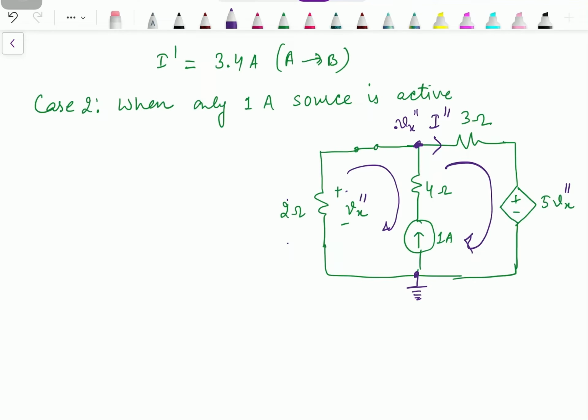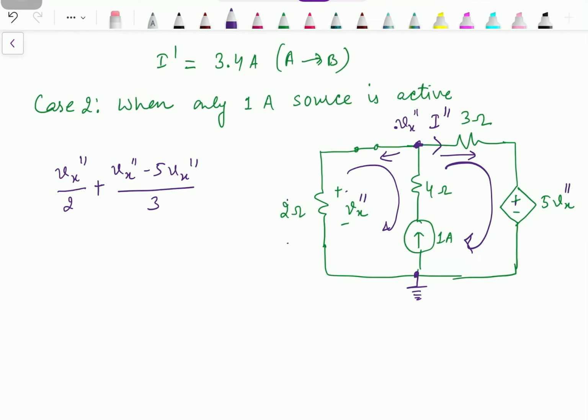Now let's apply KCL. The current through this 2 ohm resistance is Vx double dash by 2. Then the current through the 3 ohm resistance is Vx double dash minus 5Vx double dash by 3.